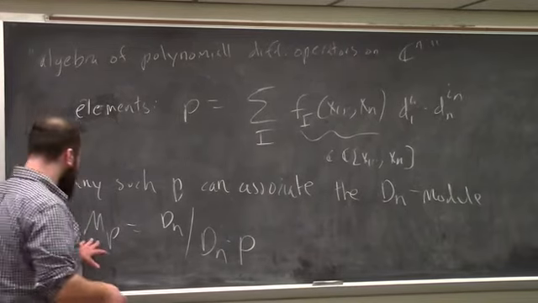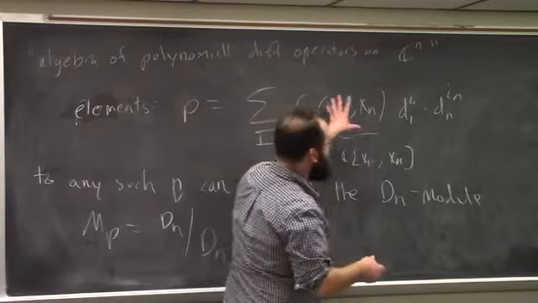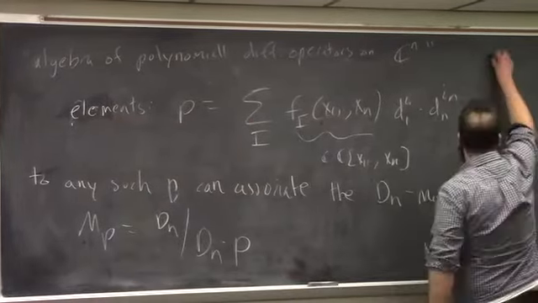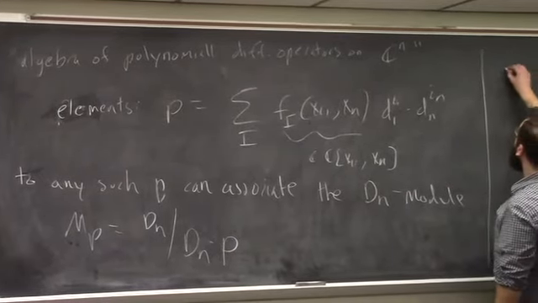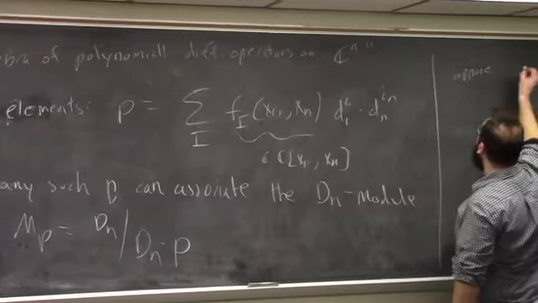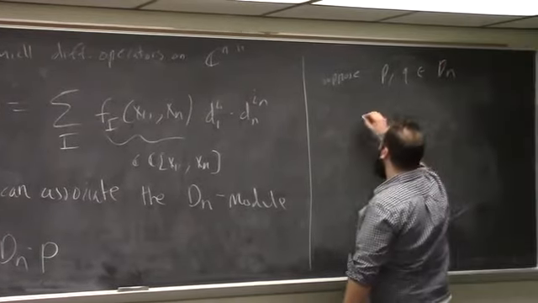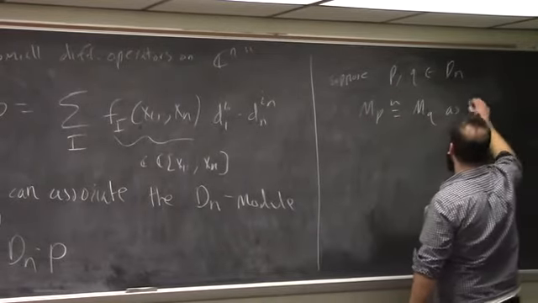That module is some kind of algebraic incarnation of this differential operator. So let's suppose that you have P and Q in D_n, and M_P is isomorphic to M_Q as D_n-modules.